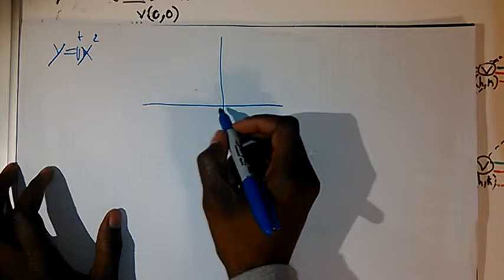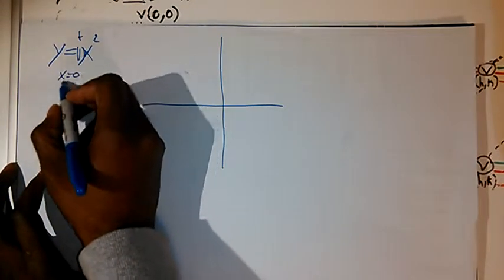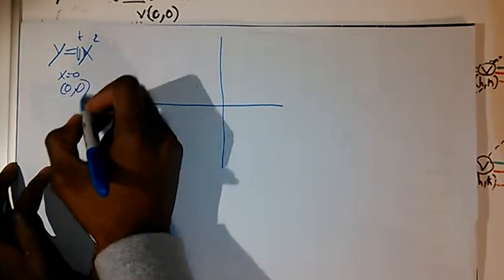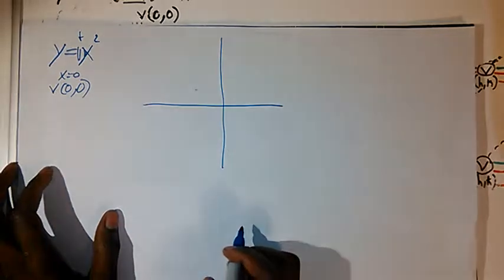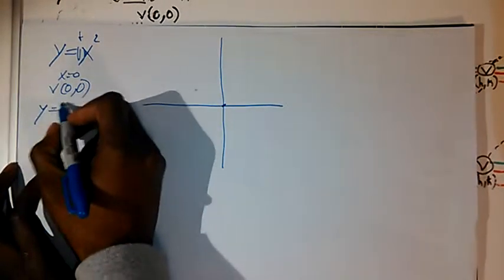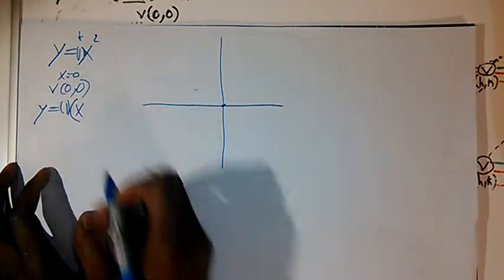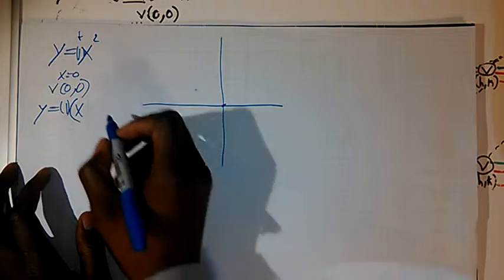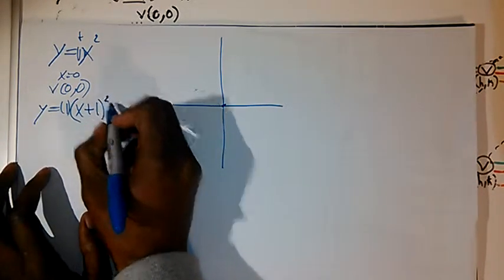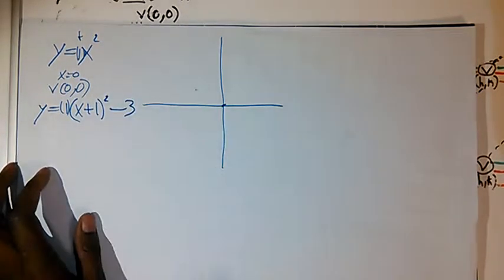When we graph it, just like before, first we find our vertex. X is equal to 0, right? So our k, there's no k, that's 0. That's our vertex. But let's say we have, there's an invisible 1. Y equals x plus 1, all squared, minus 3.